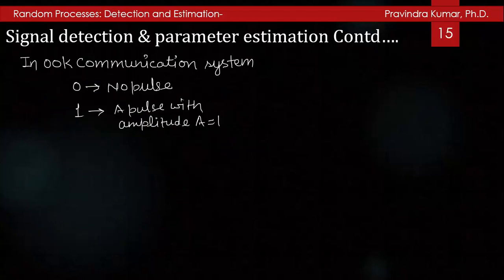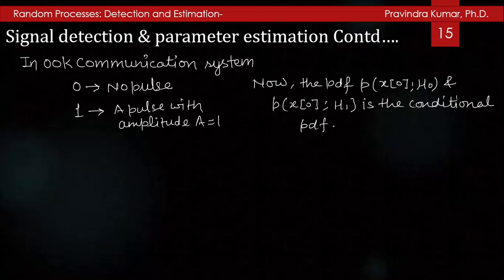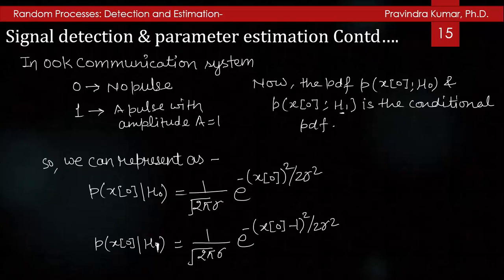In an on-off keying communication system, we transmit 0 when there is no pulse and transmit 1 when there is a pulse having amplitude A. So now the PDFs p(x0|H0) and p(x0|H1) are conditional PDFs. We can represent these PDFs corresponding to H0 and H1.